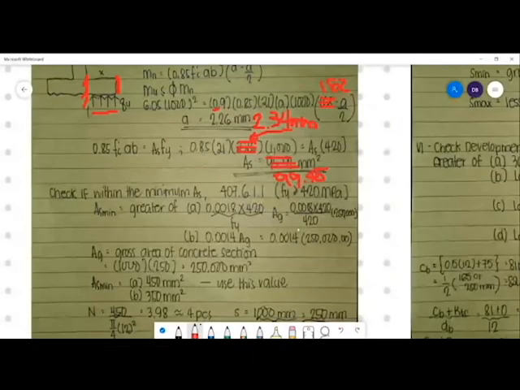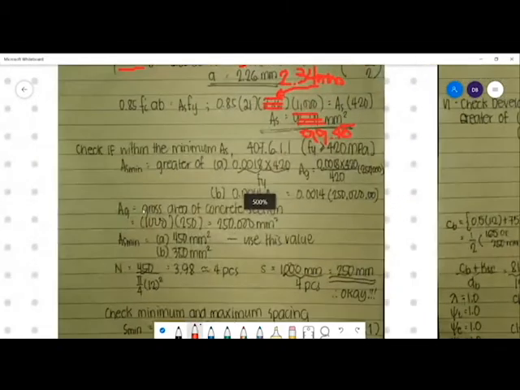So we compare these two. Formula A is 0.0018 times 420 over fy, times 420 over 420, times 250,000, or formula B is 0.0014 times 250,000. Our Ag, the gross area of the concrete section, is 1,000 multiplied by 250.